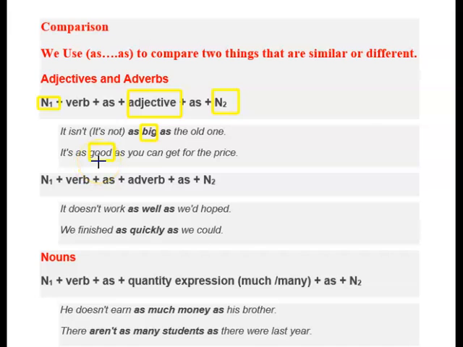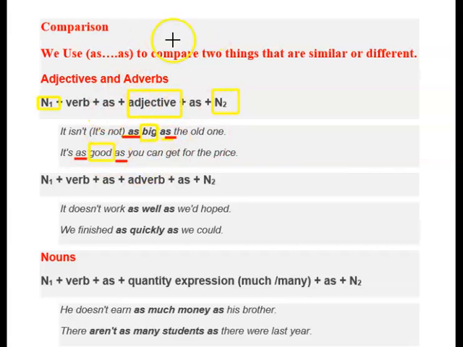Okay, good, positive adjective. Now, and you see, we used as. حتى تكون أوضح. As, and then the two adjectives. So this is the structure.